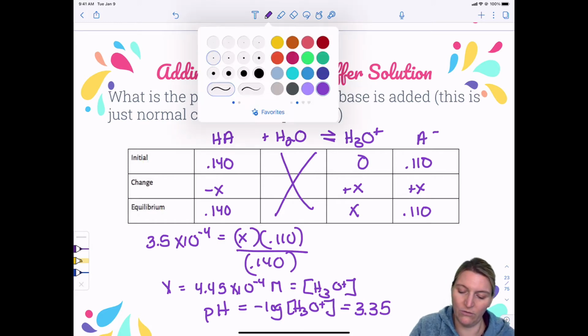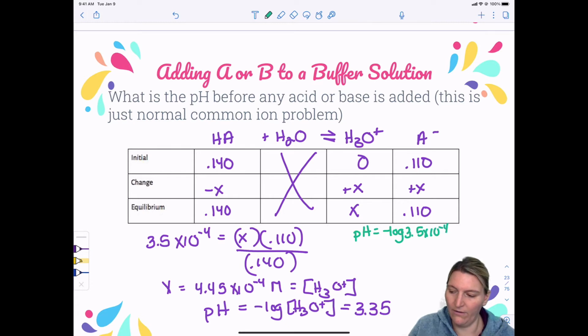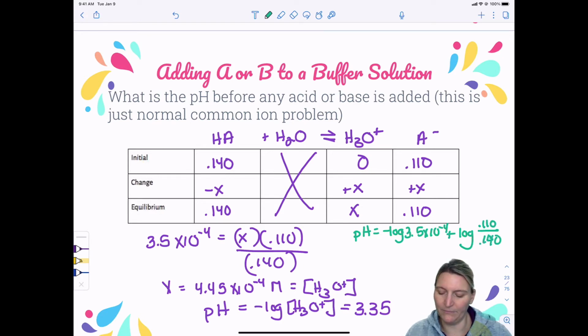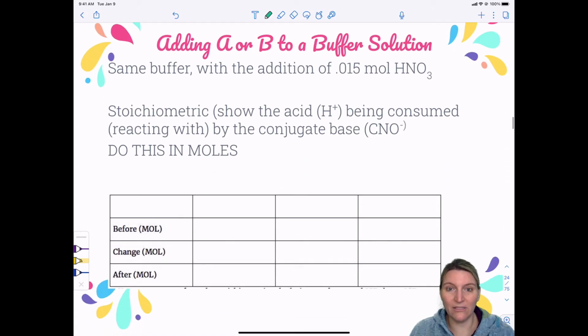If you were going to use that, it would be pH equals the pKa, so the negative log of 3.5 times 10 to the negative 4, plus the log of 0.110 over 0.140. It comes out to be the same number. So that's the starting pH of the buffer.